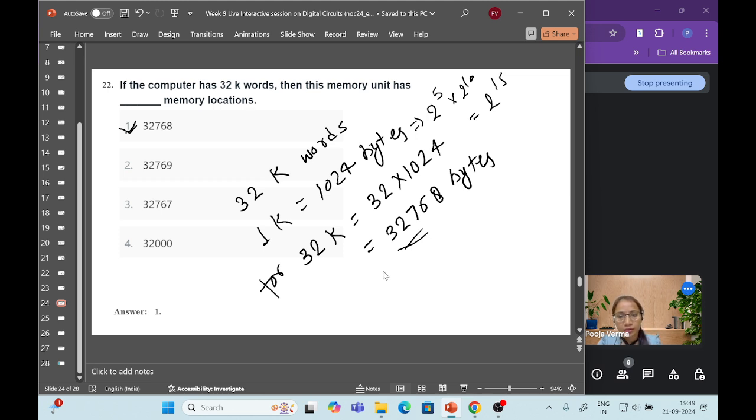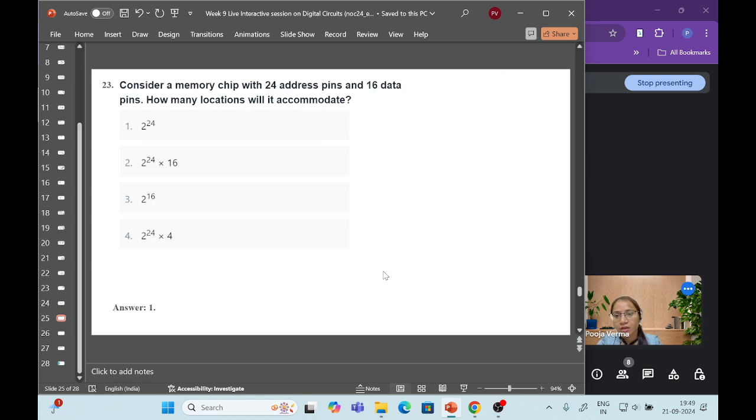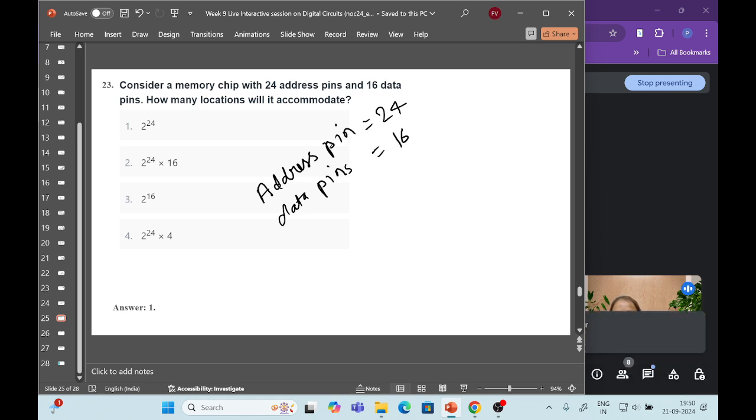Okay, so moving to the next question. Consider a memory chip with 24 address pins and 16 data pins. How many locations will it accommodate? So here address pins are 24, data pins are 16. That means 2 to the power 24 into 16, right?